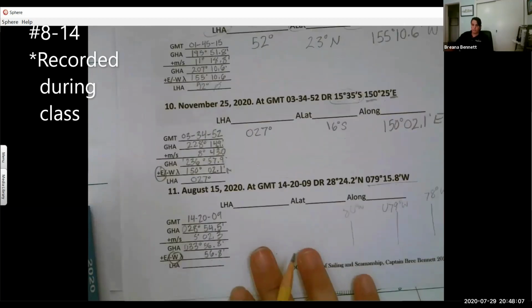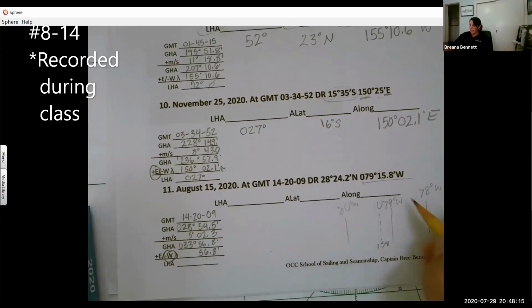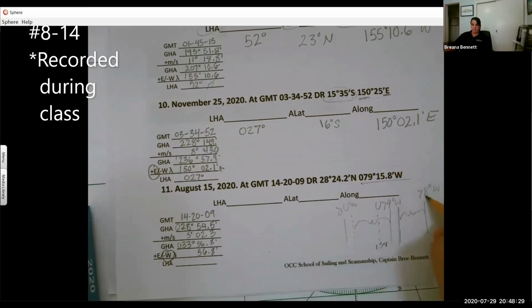Oops. So if my DR is somewhere along this one at 15.8, but I need to end in 56, that's essentially this one or this one. The closer one would be 78.56.